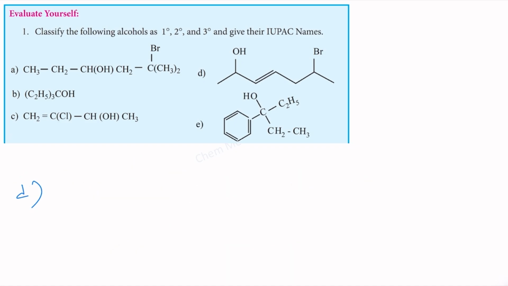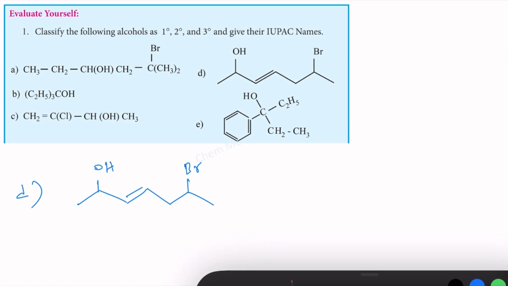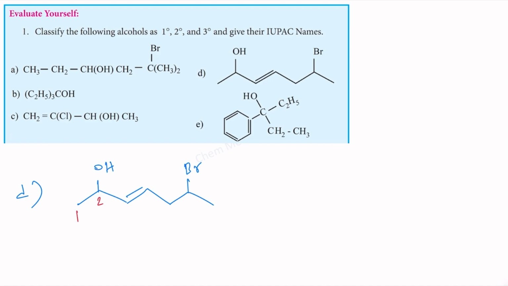Let us move to D. Let us rewrite the structure 1, 2, 3, and then the carbon-carbon double bond, and then that is 4, and then 5, 6, 7. At 6 position there is bromine, and then at 2 position we have OH. Let us do the numbering 1, 2, 3, 4, 5, 6, 7.